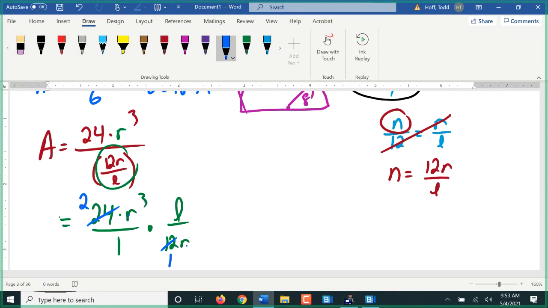R cubed and r cancel out to give me just r squared. So this ends up being 2r squared times L is the area of that. You'll notice the one thing that is notably missing, and that is the pi. Where did the pi go? Well, pi ends up actually being the constant that we divide the regular lateral area by. Actually, pi over 2 is what comes into play.